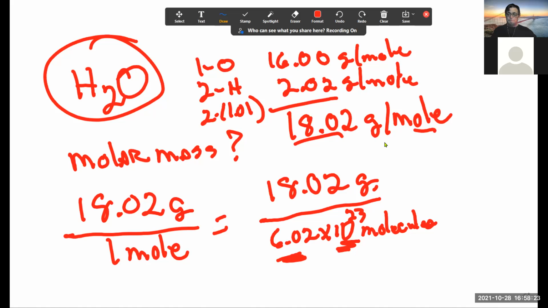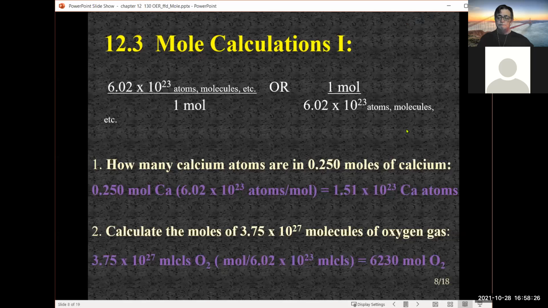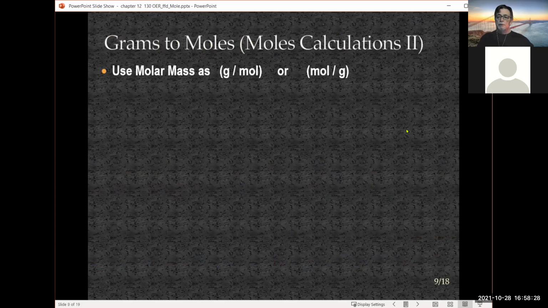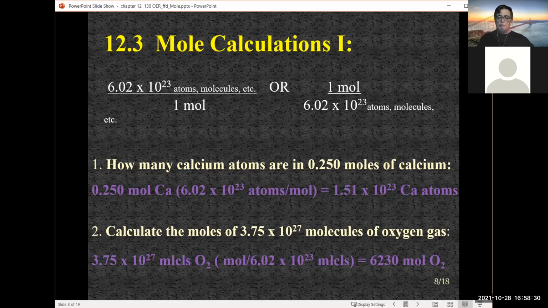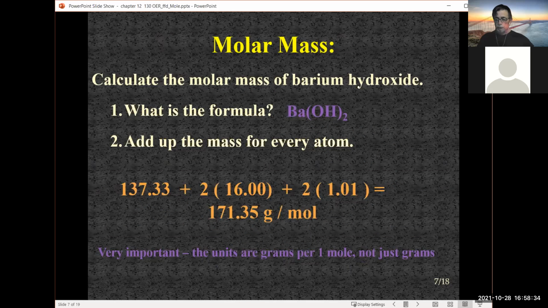All right, so at this point, we calculated the molar mass, okay, to give us an idea. We know based on the atomic weight of the elements, the atomic weight is grams per mole.